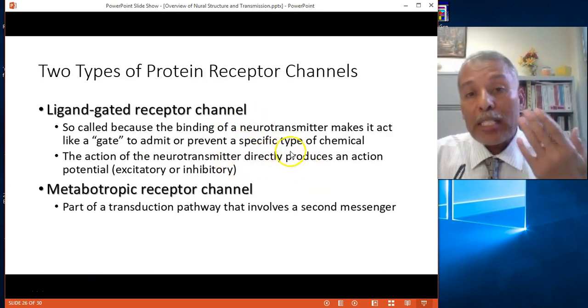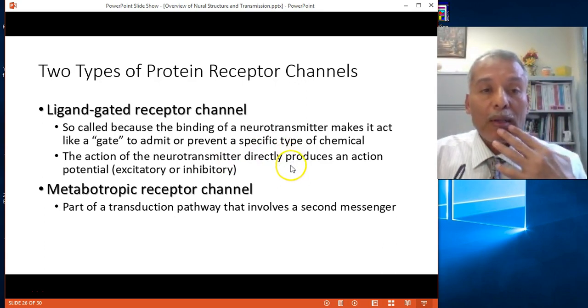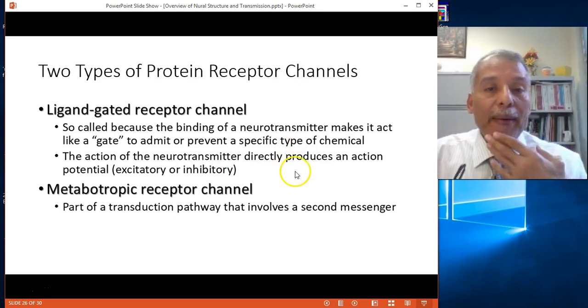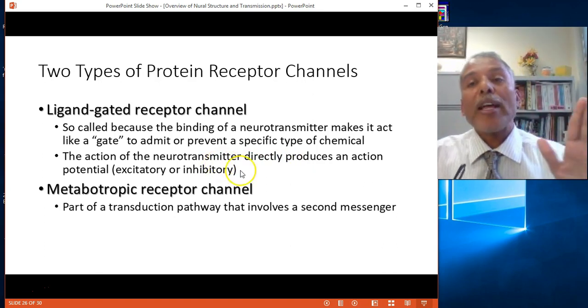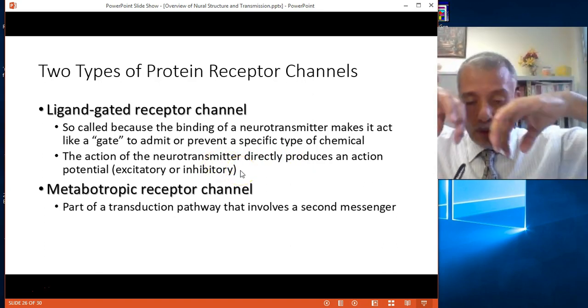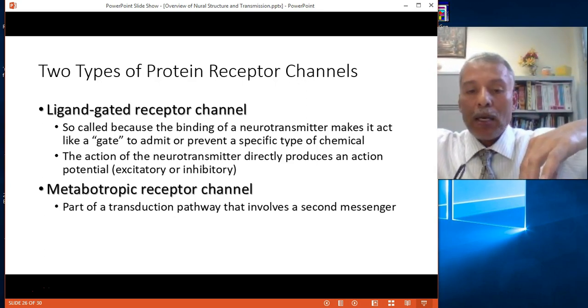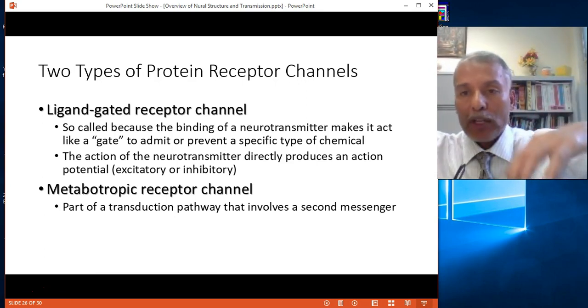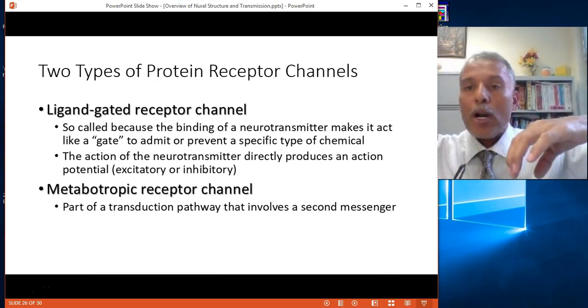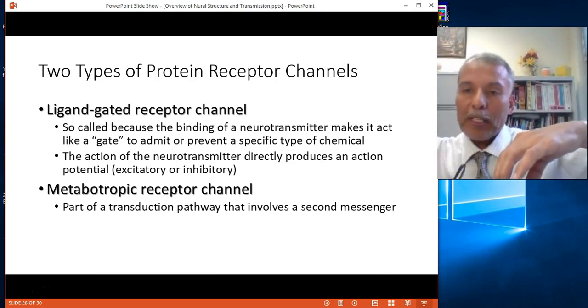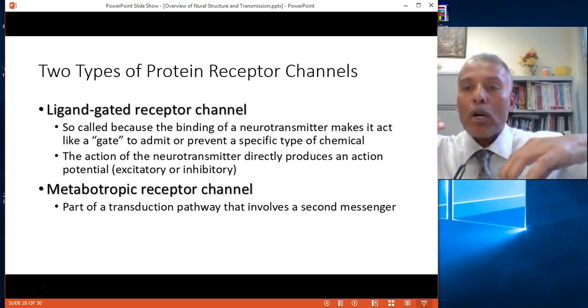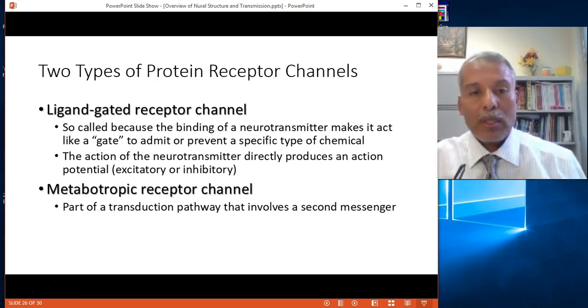It uses neurotransmitters all the time to open and close, and once the neurotransmitter opens the gate, it is going to allow an influx of ions or chemicals to go into the cell, or to exit the cell, or to basically close the cell.